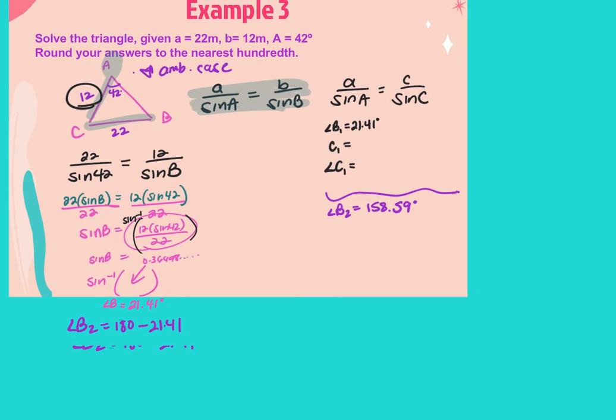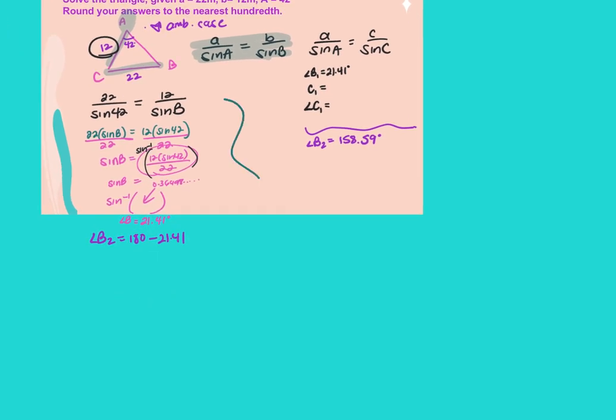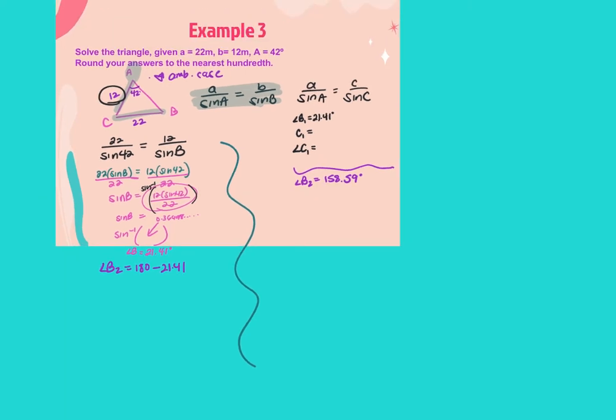So for the first one, I go back to the first one and continue to complete triangle 1. So in triangle 1, I know angle A, I know B, I found B1. So I'm missing angle C1, which is the third angle in the first triangle. So I'm going to do 180 minus the 42, which was given, minus the 21.41 that I found.